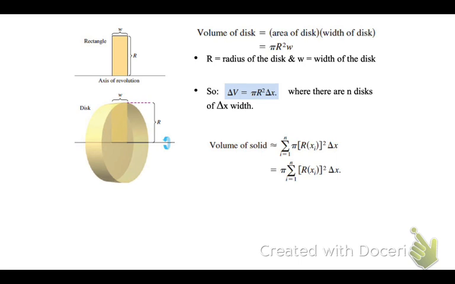It's a round object, so the area of a disk would be the area of a circle, correct? Okay, so we have pi r squared times w. R is the radius of the disk and W equals the width of the disk.